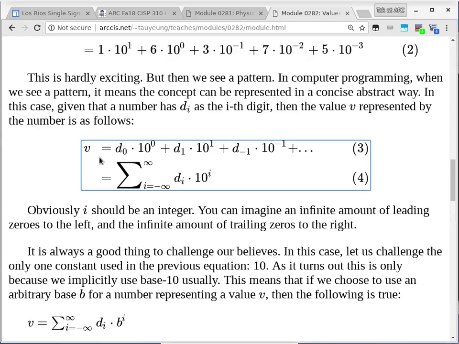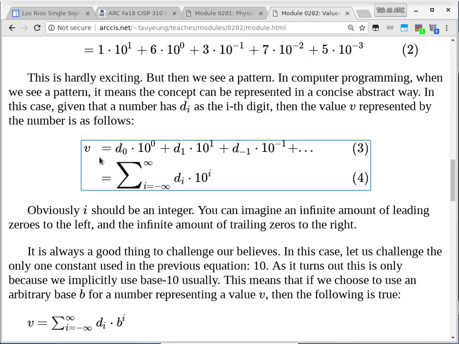In this case, D0 is the digit immediately to the left of the point. I just designate that digit as D0. And that specifies the number of 10 to the power of 0 when we're using base 10 numbers.